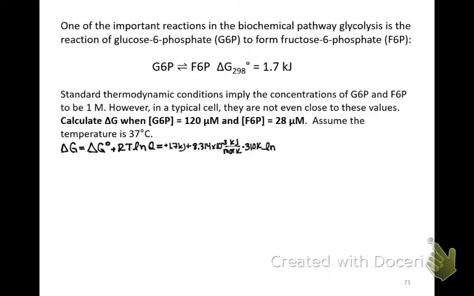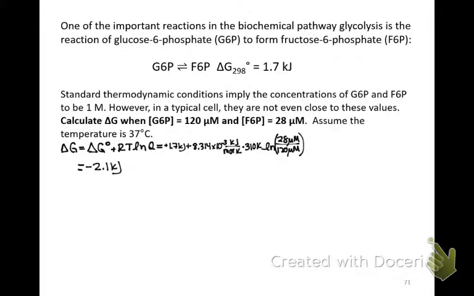And ln of Q, so this is going to be products over reactants, so we'll take 28 micromolar divided by 120 micromolar. And we can leave these in micromolar because the units will cancel out. Okay, so if we do all of that, I get that delta G under these conditions is negative 2.1 kilojoules.